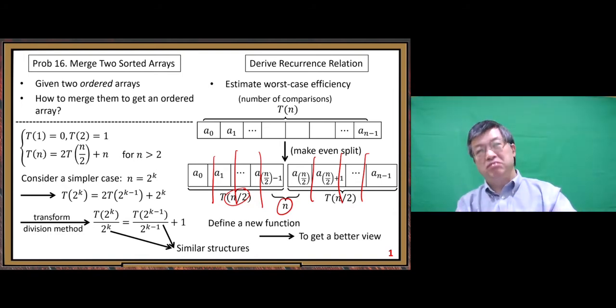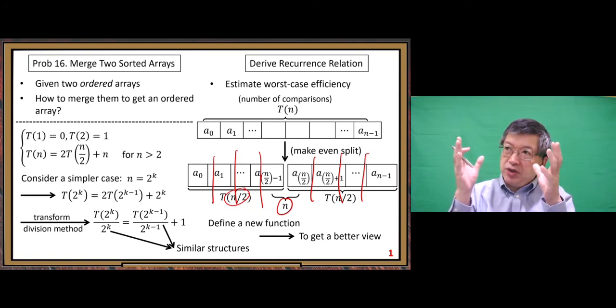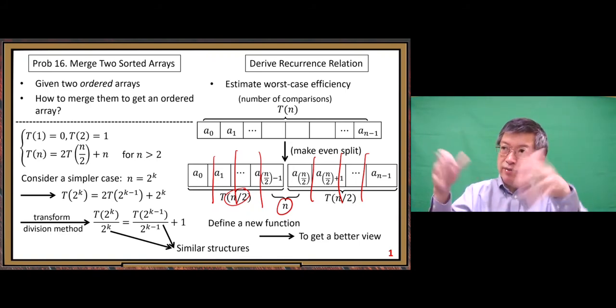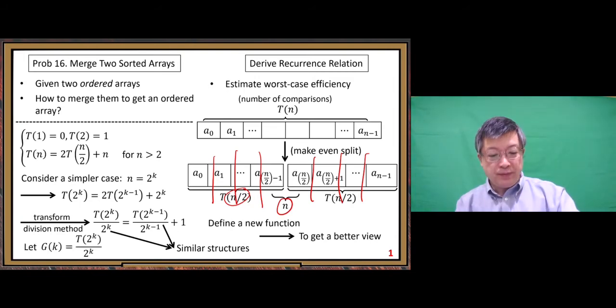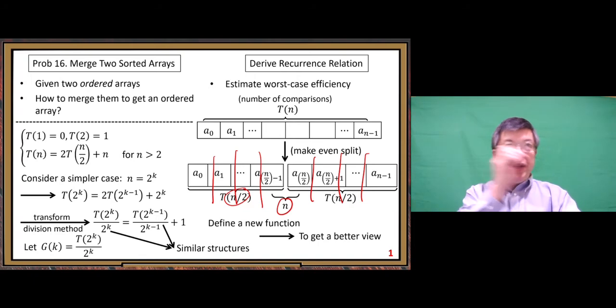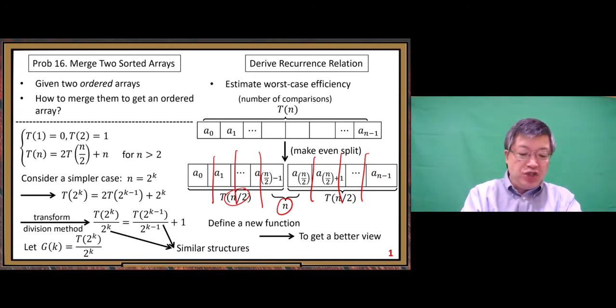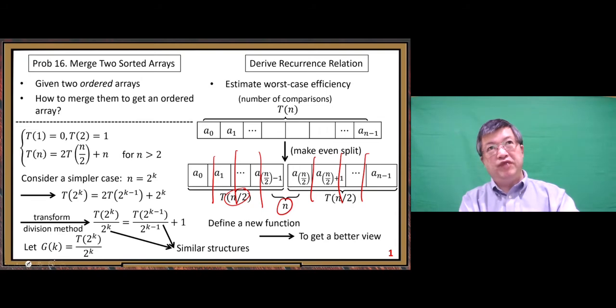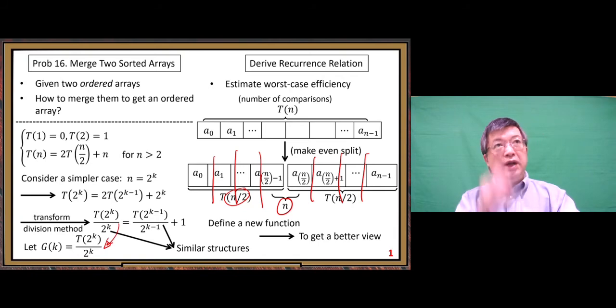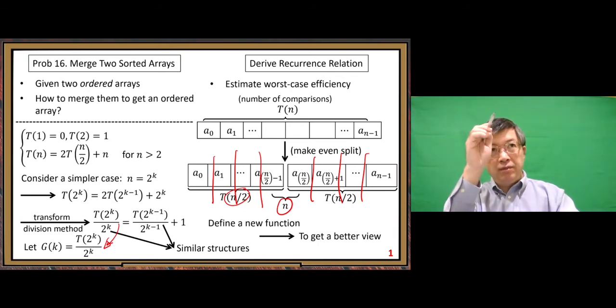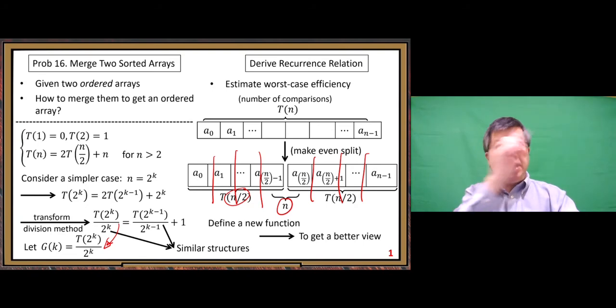We can see this question in a new way, and we can see its solution better. All right, so the new function, we define g. We introduce a new function, g of k equals this whole structure, the fraction, t of 2 to the kth over 2 to the kth.